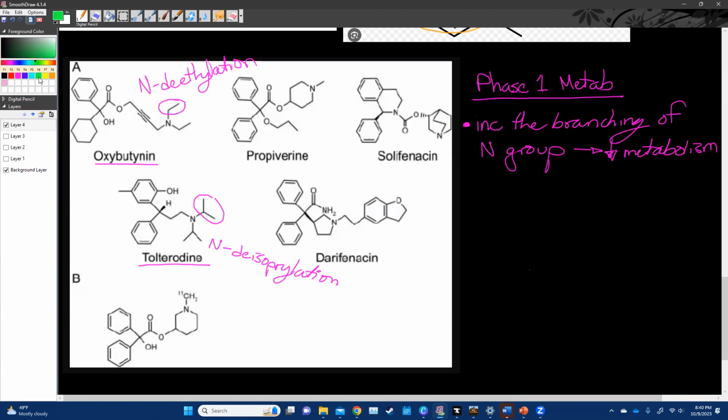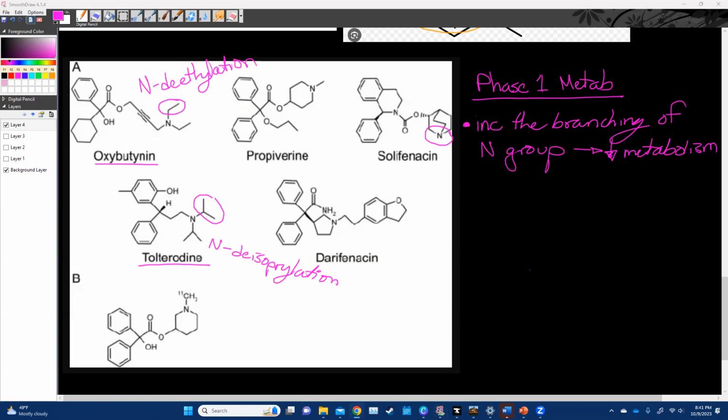Compare this with, for example, solifenacin or darifenacin. Are we able to do dealkylation on solifenacin? No, right? You can't just snag a simple group off of solifenacin.